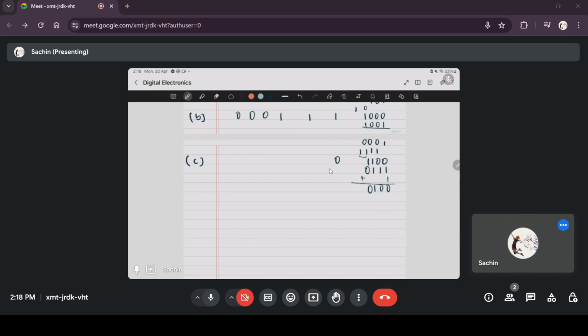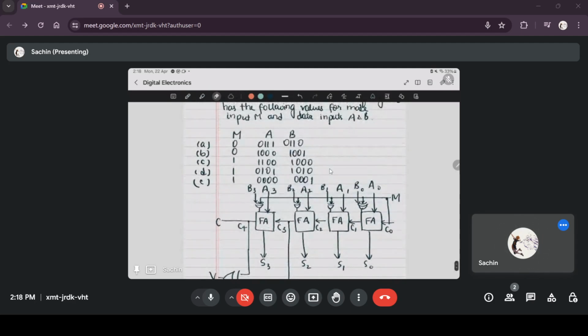And so this number is minus 4, and this number is minus 8.